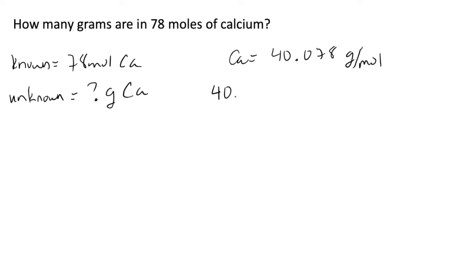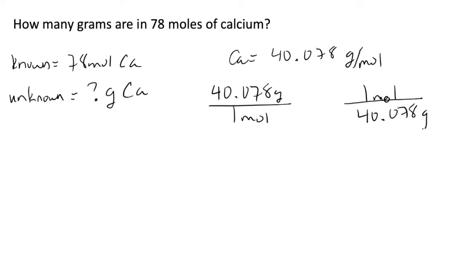We can write 40.078 grams over 1 mole, or we can write 1 mole over 40.078 grams. This is important because we're going to use these as conversion factors. So let's see how this looks in a problem.